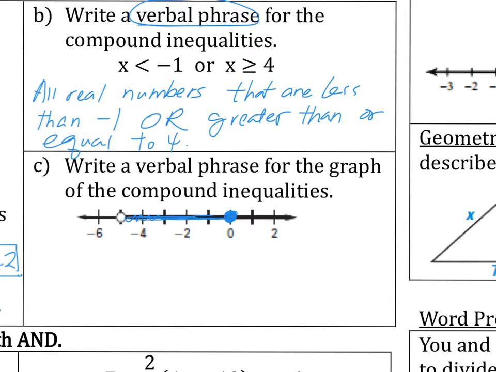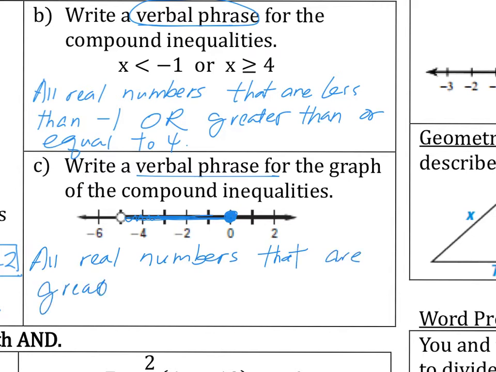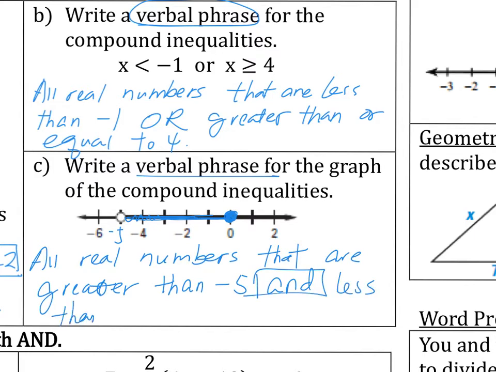Okay, so to write this as a verbal phrase, it will be all real numbers that are greater than -5 and less than or equal to 0.